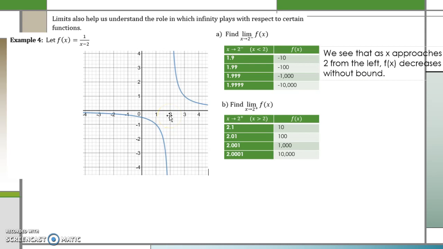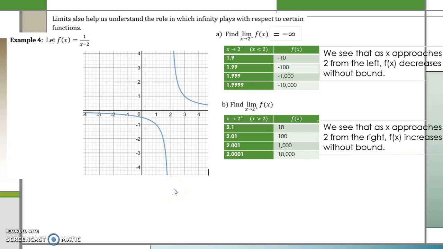We see then that as x is approaching 2 from the left, our function is decreasing without bound, meaning it's not going to stop. Therefore, we can say that the limit as x is approaching 2 from the left is negative infinity.